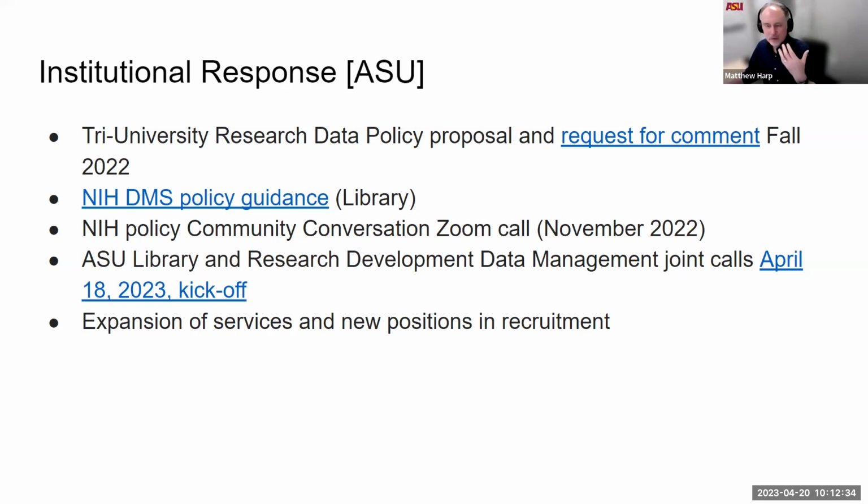So the data policy for the NIH came out, again, as an extension of a policy that came out 10 years ago, so we were somewhat prepared for that.